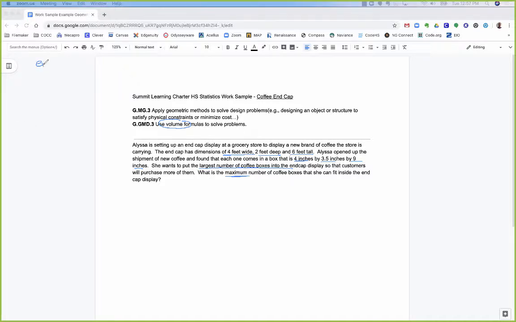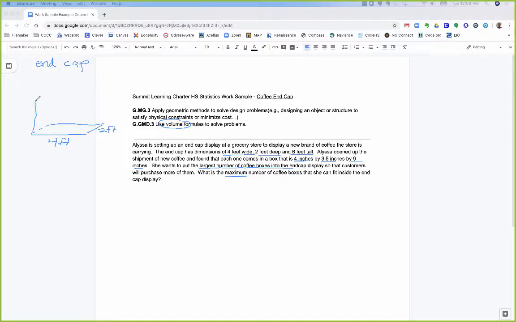So let's draw the end cap. I know it's 4 feet wide. So there's my 4 feet. And it's 2 feet deep. I'm going to do my best little 3-dimensional drawing here. So there's 2 feet deep and 6 feet tall.